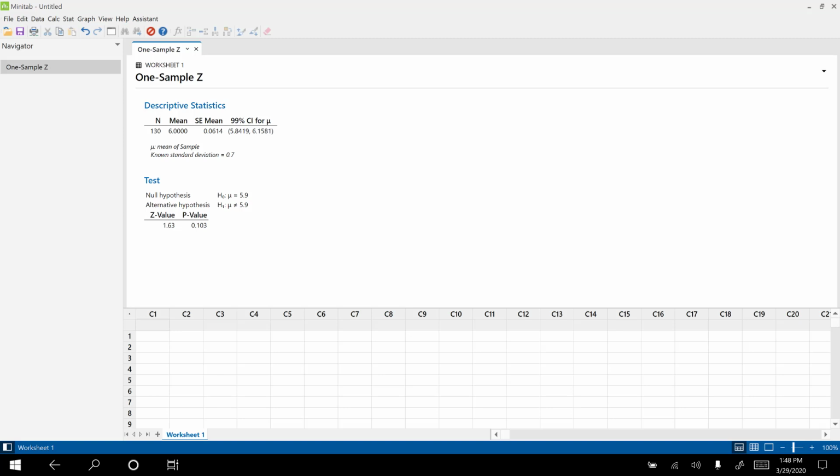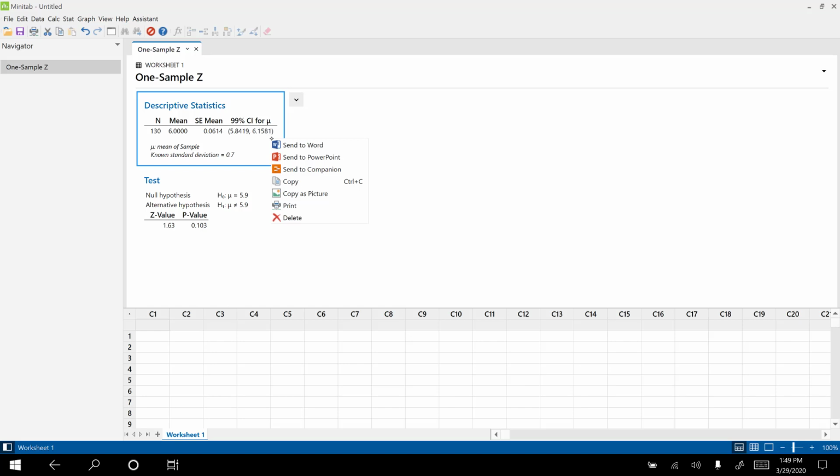Again, you can get the confidence interval with Minitab. So this is 5.84 to 6.1. You see the sample mean 6, and the 5.9 which is the population mean, lies within this confidence interval. That's the other way to make the analysis: you have sufficient evidence that the valve is operating at 5.9.